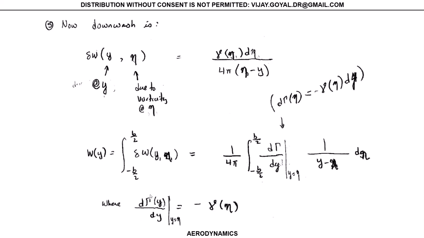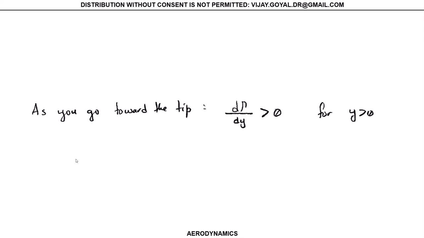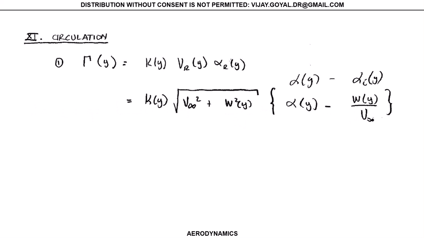What is very important is this value here, where eta is nothing else than the value due to the vorticity. Okay, so we know that your circulation has to be bigger than 0 for every y bigger than 0. The total circulation then is actually given by this equation right here.